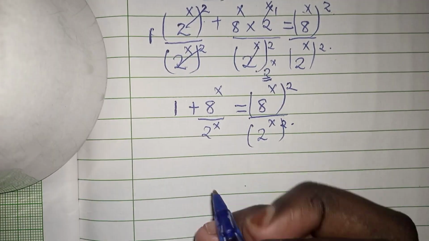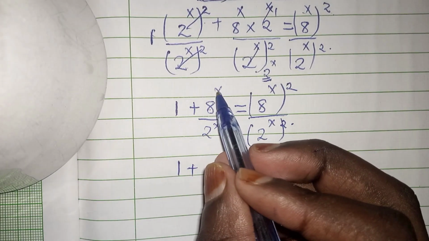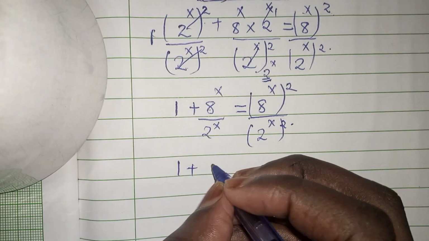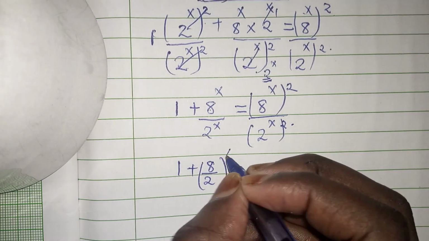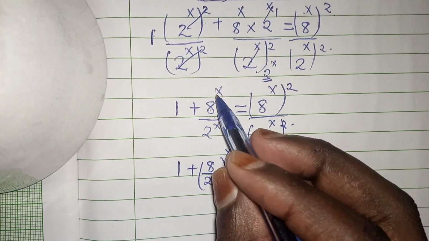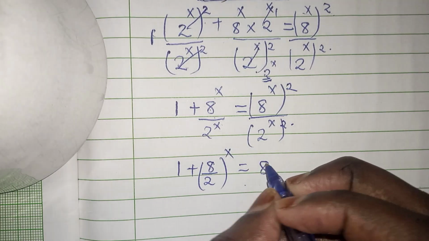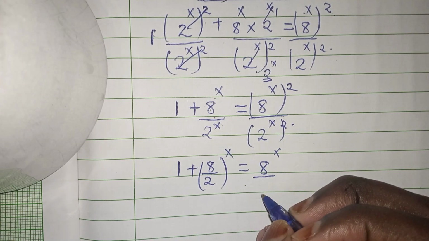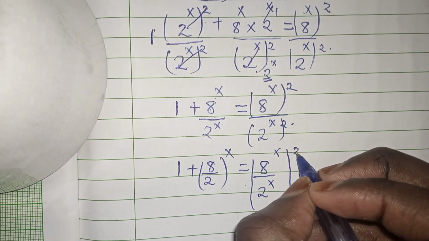So I can write 1 plus 8 over 2, all this to the power of x. This is 8 over 2, all this to the power of x, because my exponents are the same, is equals to 8 to the power of x over 2 to the power of x, all this to the power of 2.